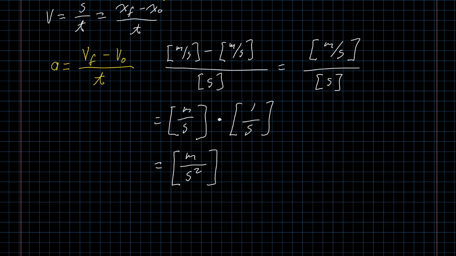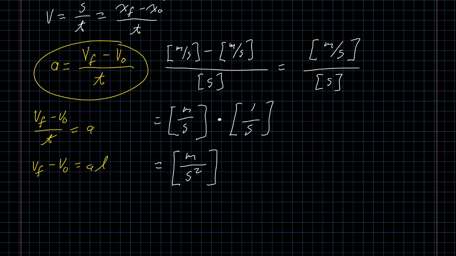The other thing that I want to talk about before we move onward is that while this is a perfectly valid formula for acceleration, very often we find it useful to rearrange it a little bit. If I switch the left and right, multiply by t, and then add V naught, I get a different version.